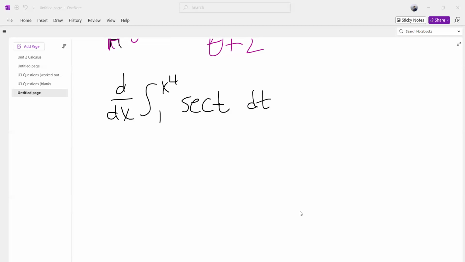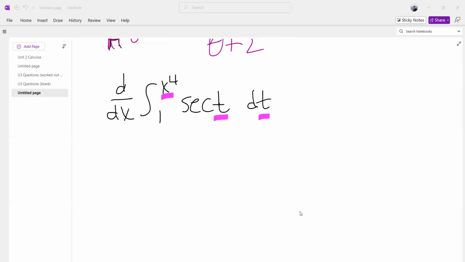Okay, so this isn't going to work out this time. Our dummy variable is the same, that's good. The x is on the top, but it's not by itself. It has to be x. It's x to the fourth. So if you remember something that we did earlier in the class, you can do this sort of thing.